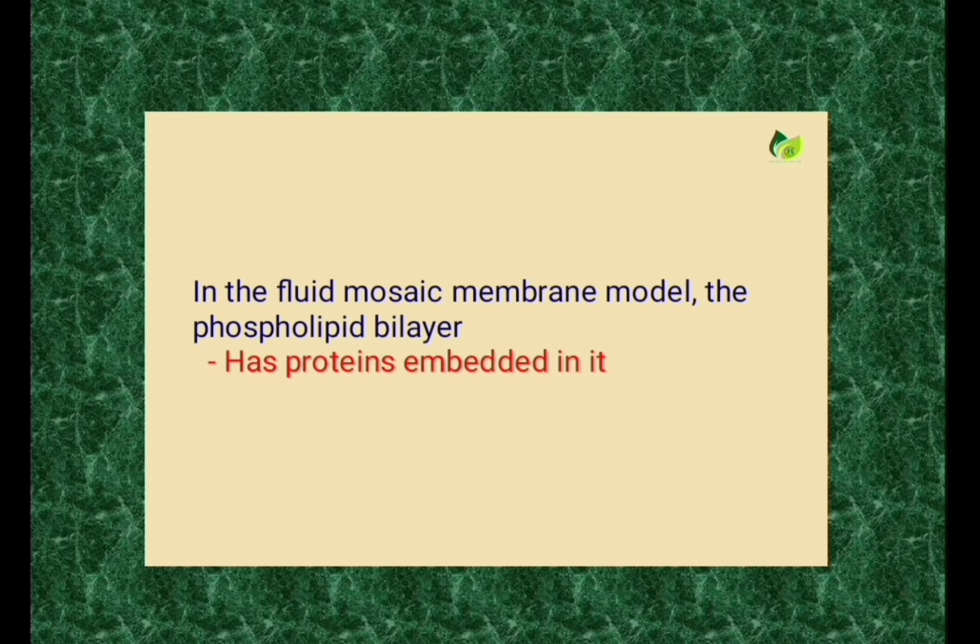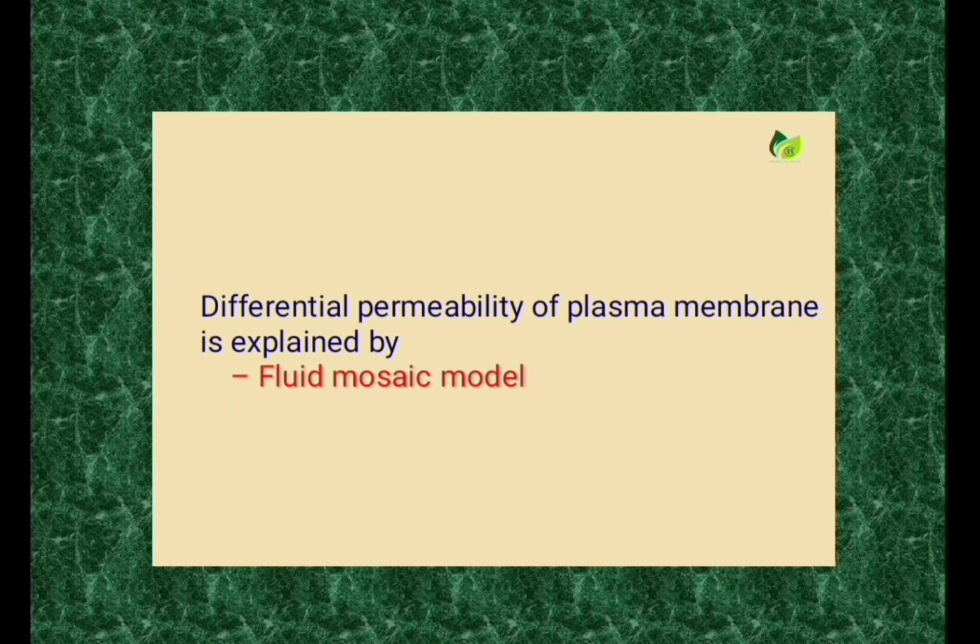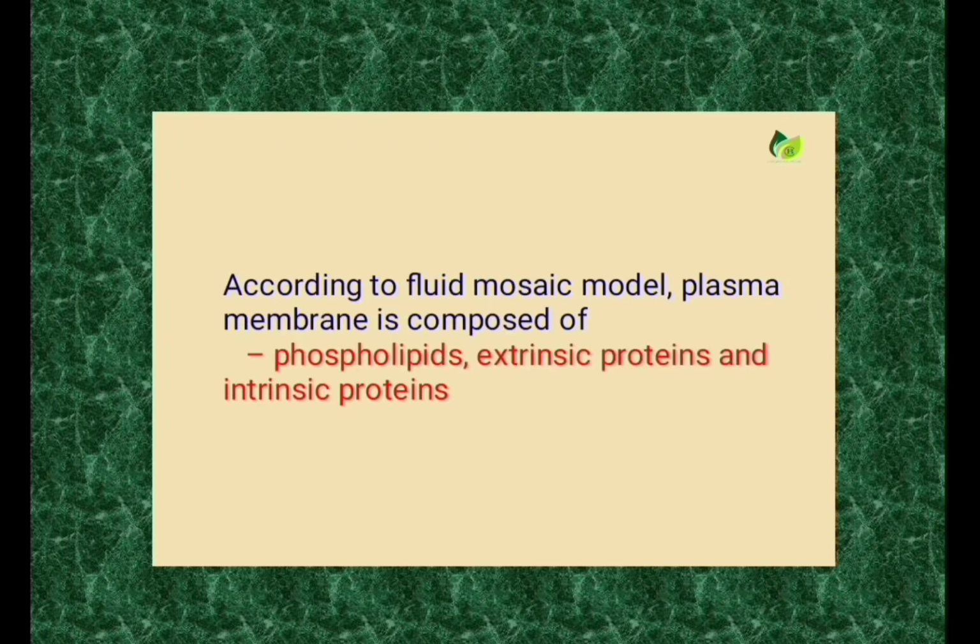Next, coming to the next question. Differential permeability of plasma membrane is explained by, answer is fluid mosaic model. Coming to the next question. According to fluid mosaic model, plasma membrane is composed of phospholipids, extrinsic proteins and also intrinsic proteins.